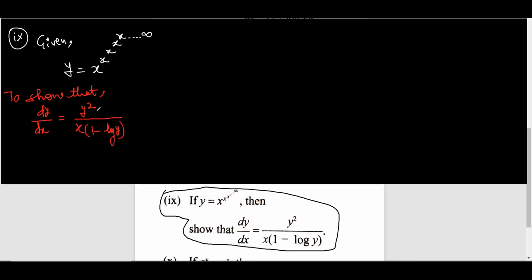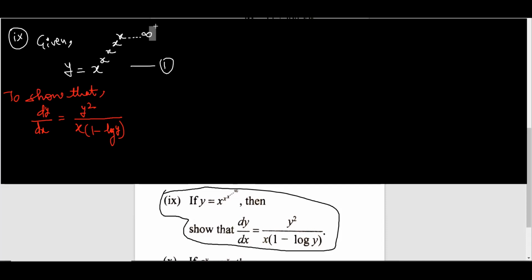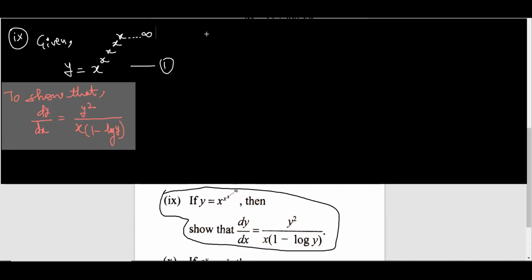This is what I have to prove, y square upon x into 1 minus log y. So this is equation number 1 which I have. Now see, this is our data. We have to use the data and prove that dy by dx would be this.